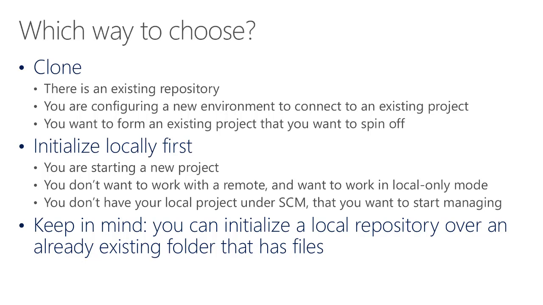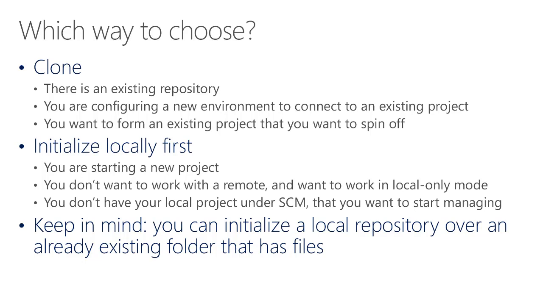Keep in mind, you can initialize a local repository over an already existing folder that has files. So you can do a lot of development already. You have a full workspace. In the workspace, you have hundreds of objects. And then at some point, you decide to put that into source control. You can initialize that workspace as a Git repository, and it'll pick all those files up. All you need to do is commit them to your repository, and you're set.